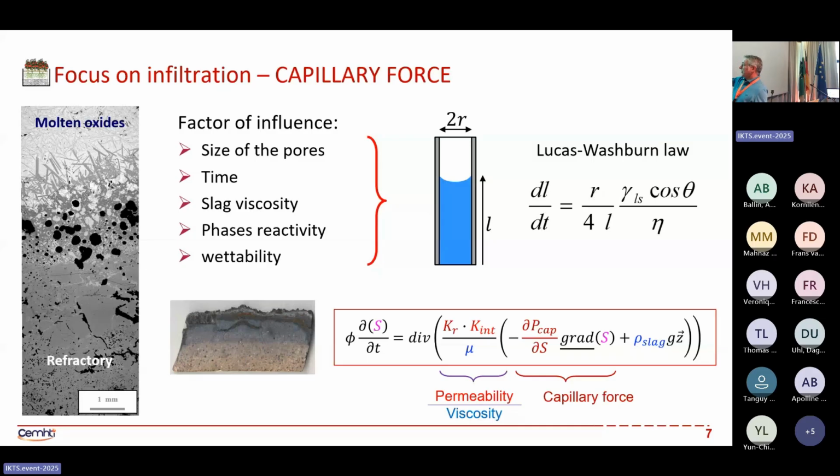We worked a lot on the measurement of permeability, but nevertheless, the viscosity is the most important. And consider that permeability and viscosity are the brakes. This is the engine, this is the brake, okay, which limit.